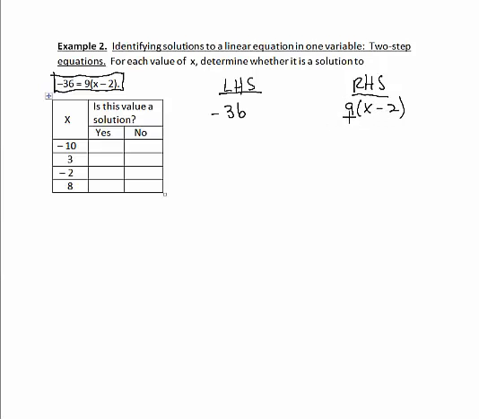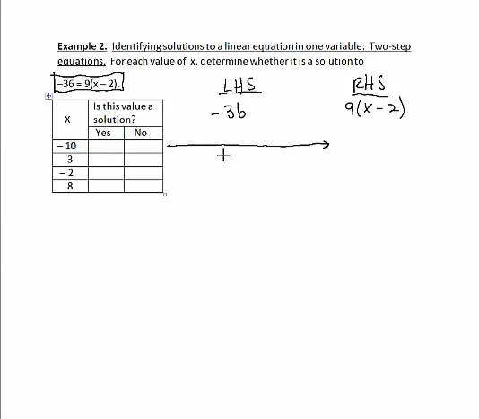So on the right we have a 9, and then in parentheses the 9 is multiplied times x minus 2. Here in the table we are given various values of x. So for each row we have to do a separate calculation.